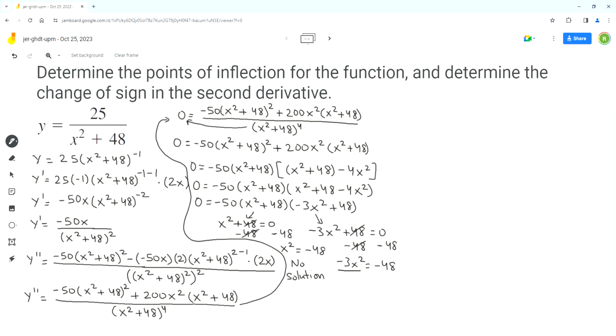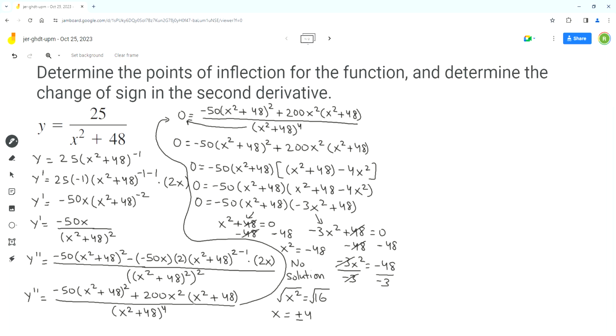Now we can divide both sides by negative 3, so the negative 3 on the left side gets cancelled out, and we get x squared equals 16. Now we can apply the square root to both sides, so we get x equals plus or minus 4.